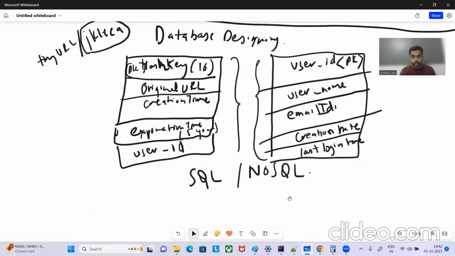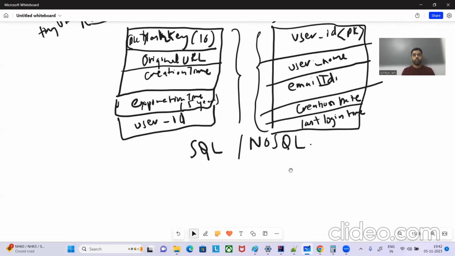Considering the scale of data our system should store, it is going to be huge. As we saw, for 5 years we need to store 30 billion records, considering 500 million per month. So it is going to be huge.